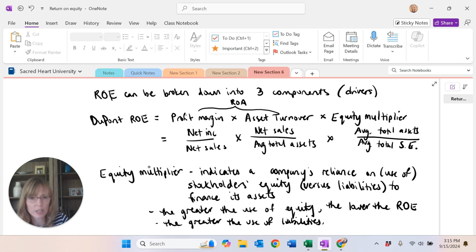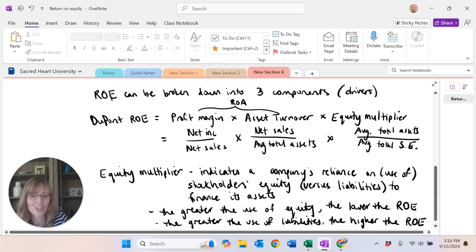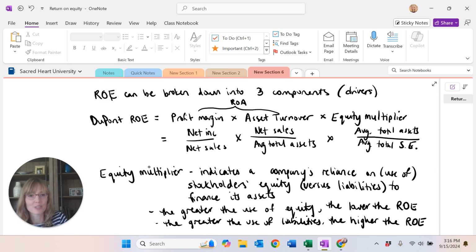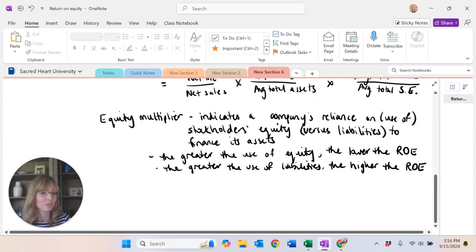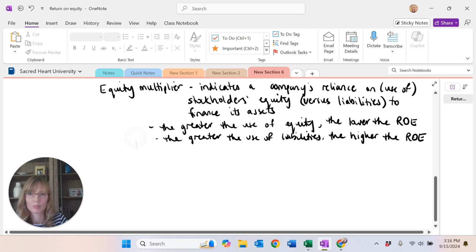So aside from that, if net income is the same, the more we use liabilities, the higher return on equity will be. So you're thinking, why not just use all liabilities and as little equity as possible? Just because of that little thing called bankruptcy risk. And we'll talk about that more when we look at solvency for the company.